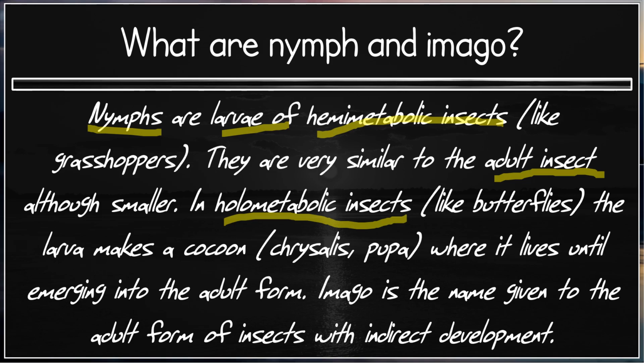In holometabolic insects like butterflies, the larva makes a cocoon, chrysalis or pupa, where it lives until emerging into adult form. Imago is the name given to the adult form of insects with indirect development.